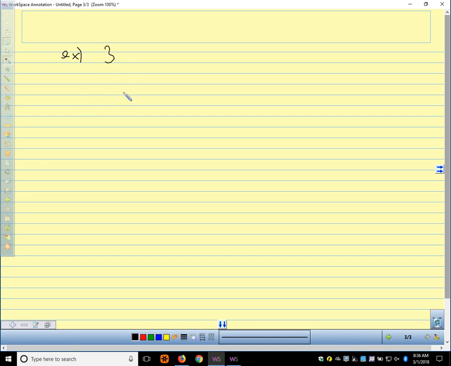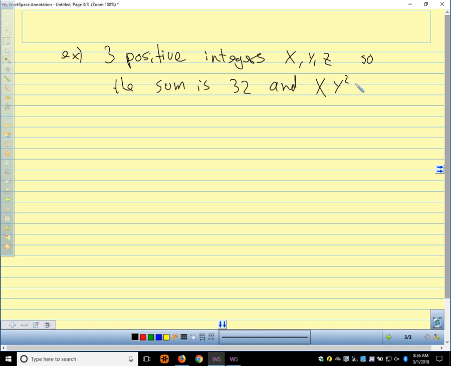Similar. Example 3. We want 3 positive integers so that the sum is 32 and x y squared z is a maximum.